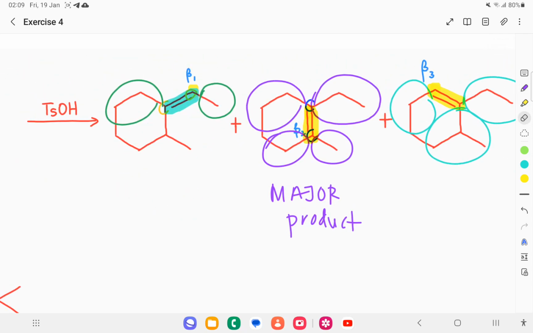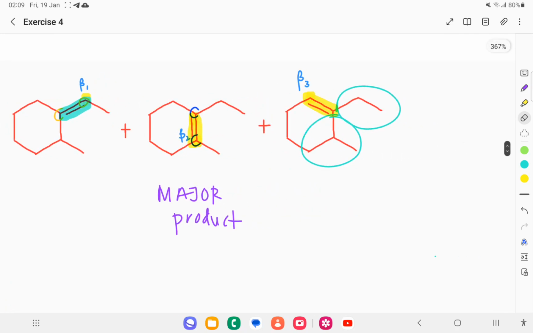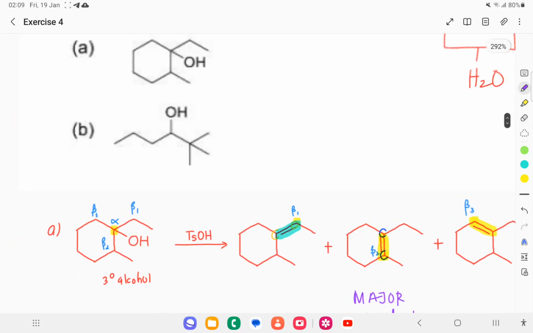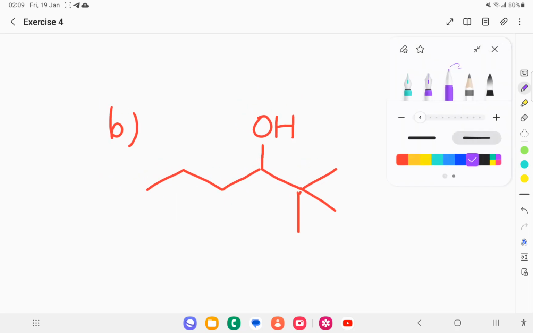Next we will look at question B. First things first, we're going to identify the alpha and also the beta carbon.